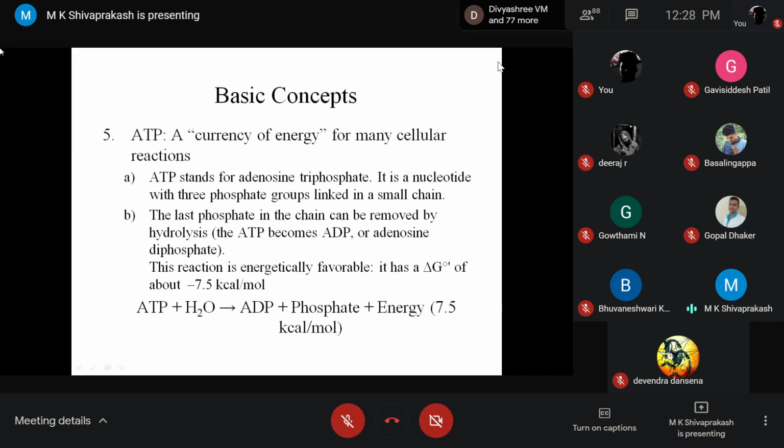Similarly, when ATP is hydrolyzed, by losing one phosphate bond, it becomes ADP. This ADP, by accepting a phosphate bond, once again becomes ATP. This addition of a phosphate is referred to in biochemistry as phosphorylation.